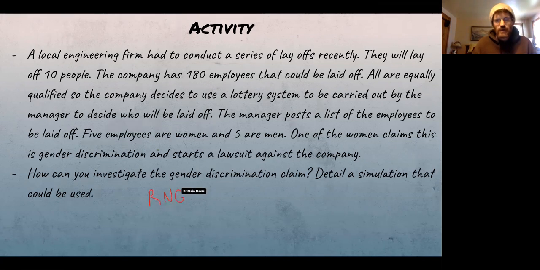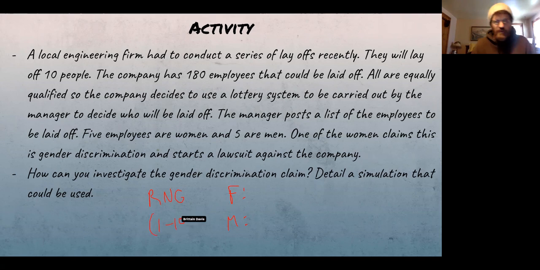And so we're going to assume that all of the women, the females and males, what numbers could be assigned to the females? I'm going to give you a hint right here.